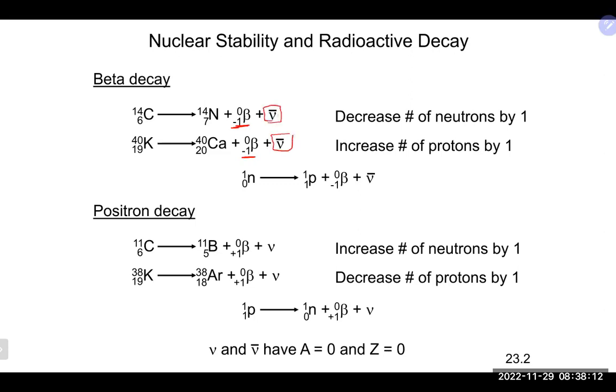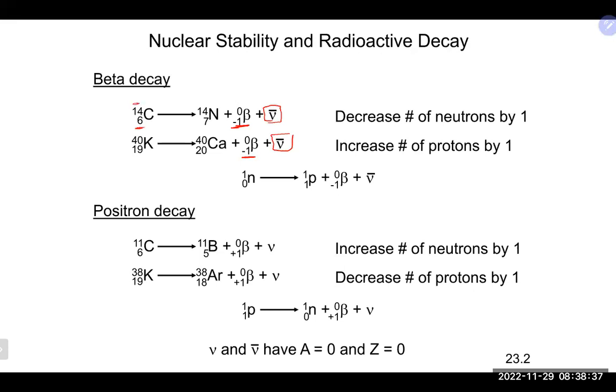It pretty much has 0 for the mass and 0 for the atomic number. We're not going to worry too much about those. But in this case, we have 7 and -1 for our beta particle on the right, which gives us 6, which matches our 6 over there. And we have 14 and 0, which gives us our 14 up on top.